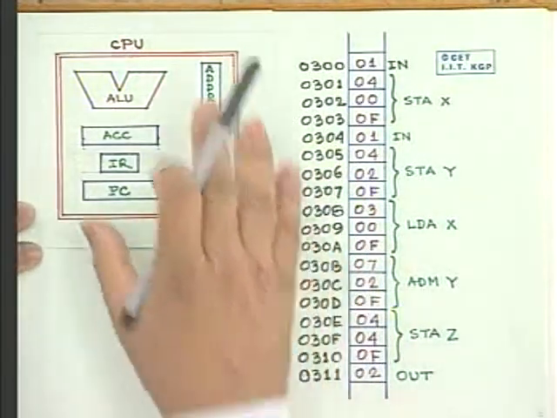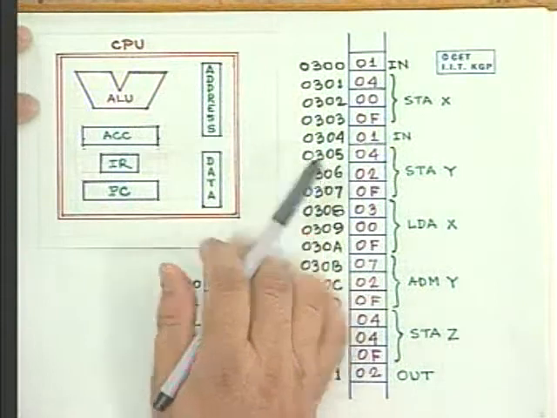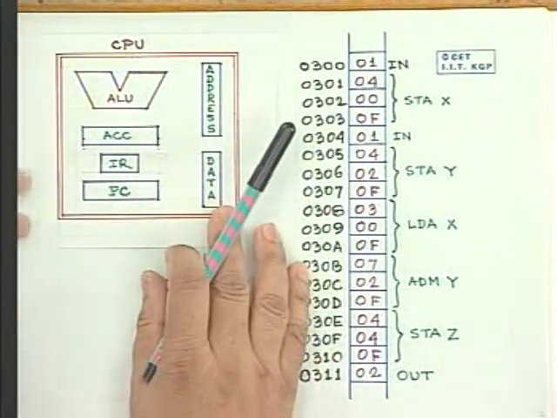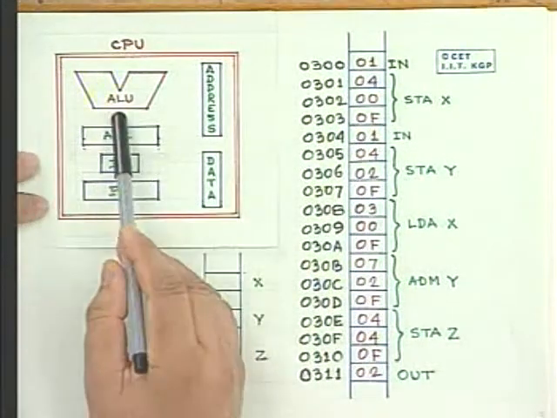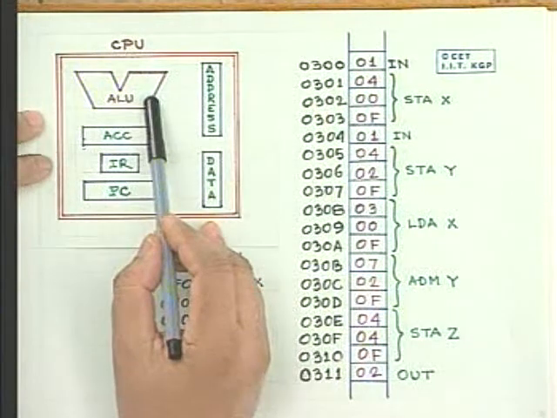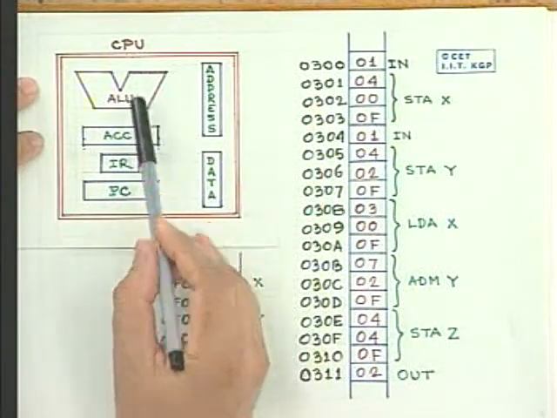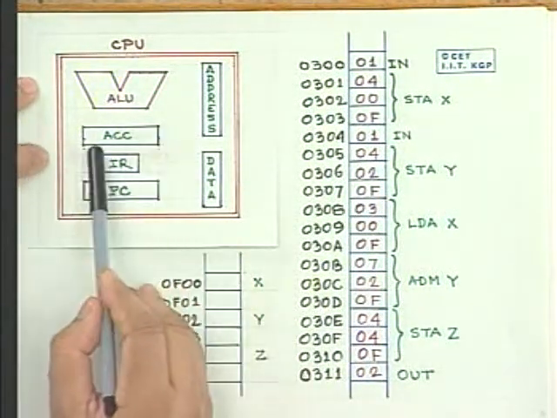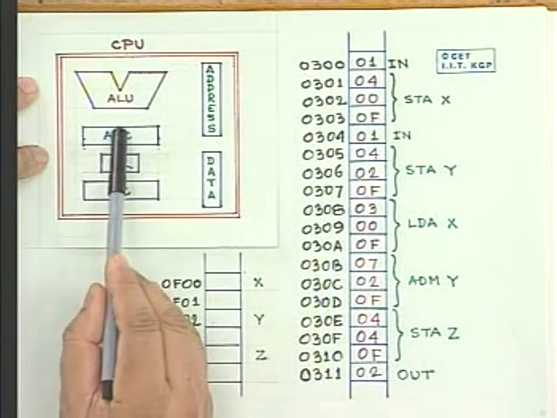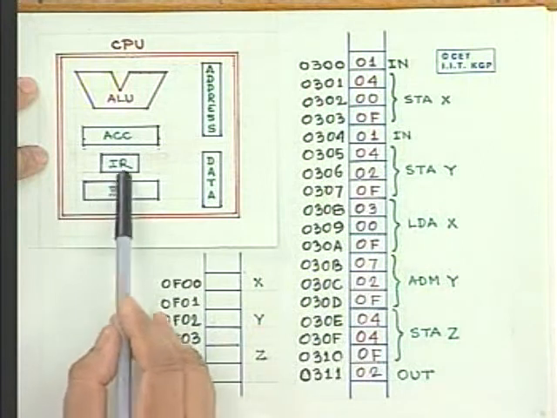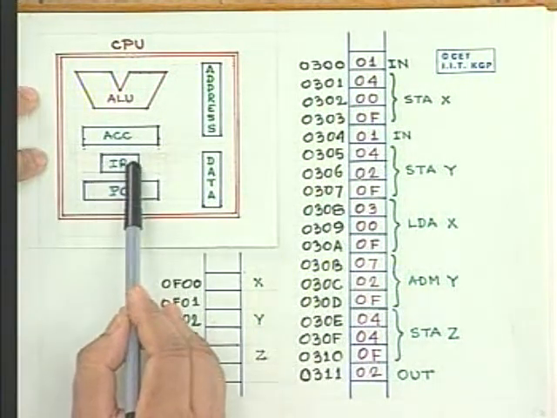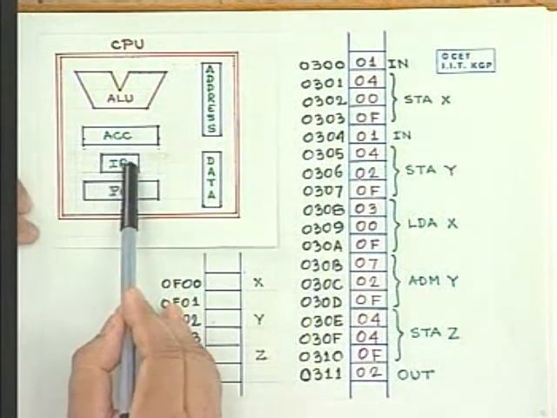Now, let me introduce what we call the central processing unit. A few of its components I have shown here. One is the arithmetic and logic unit. The accumulator that I am talking of, I am assuming is 16 bits long, that means 2 bytes wide. This is a 1 byte wide register.